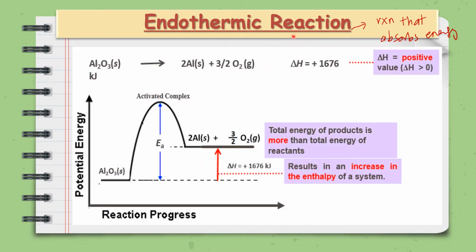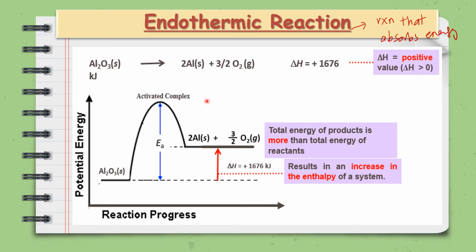This means that our reactant needs to absorb energy during the reaction process. By absorbing energy, it means our reactant has lower energy initially. So it absorbs energy to do the reaction, and what happened? After the reactant absorbs energy and forms product, the product will have higher energy.